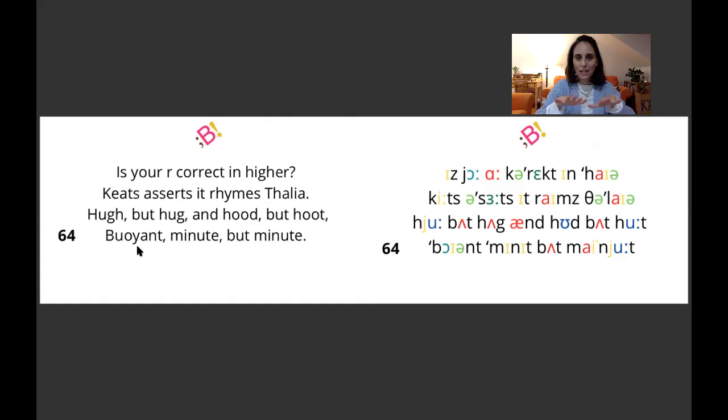The next one, the last line here, it says buoyant, minute. ¿Veis que no dice minute ni no hay pronunciación de la E final? Minute, but minute. So I repeat, buoyant, minute, but minute.